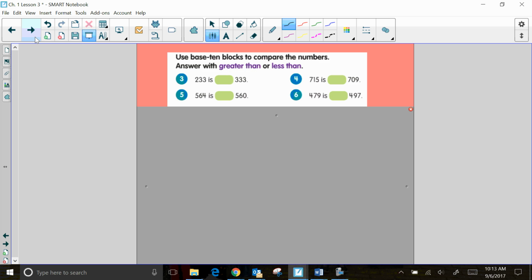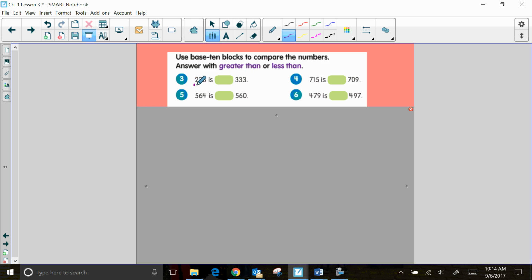All right, moving on. It says use base 10 blocks to compare the numbers, then answer with greater than or less than. Because I'm using this marker, I'm going to use my symbols instead of writing them in. Looking at number 3, 233 is greater than or less than 333. I know that I must first check my biggest place value, which is my hundreds.